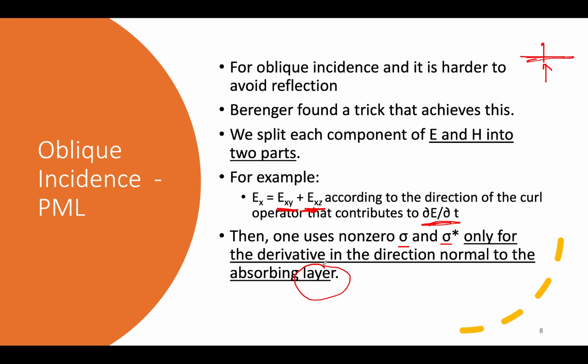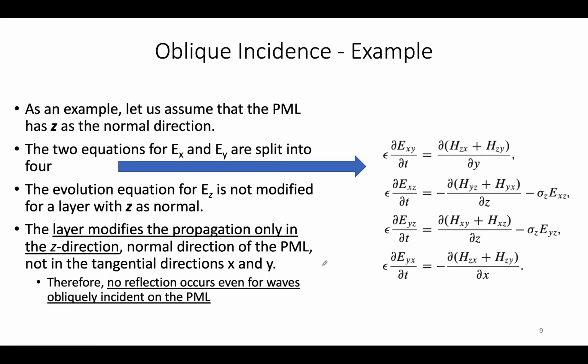So let's see an example of how this works. Let's assume, for instance, that the PML where we want to apply our boundary condition has z as the normal direction. So if we have a wall here, this is going to be the z direction.